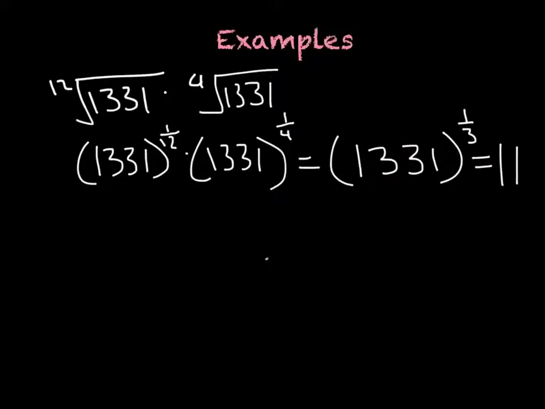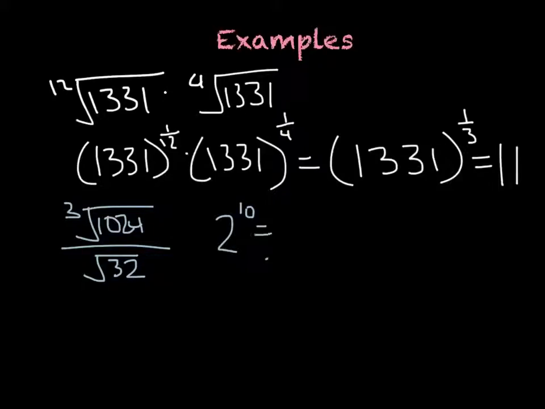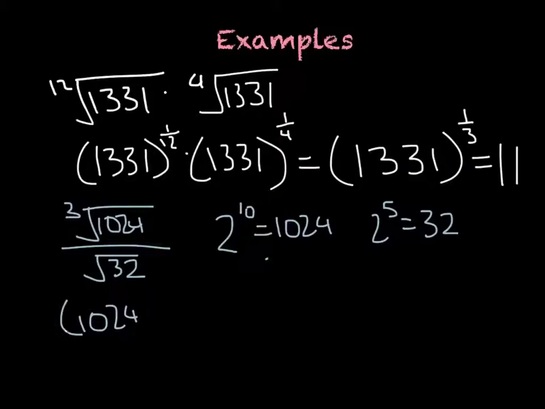What if we had the cube root of 1,024 over the square root of 32? And I'm going to tell you that 2 to the power of 10 equals 1,024, and 2 to the power of 5 equals 32. Now we can rewrite our numerator as 1,024 to the power of 1/3, and the denominator as 32 to the power of 1/2.